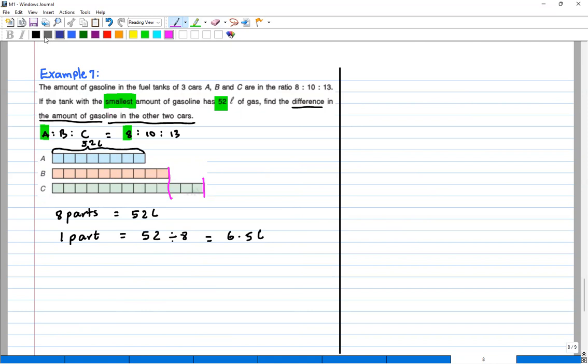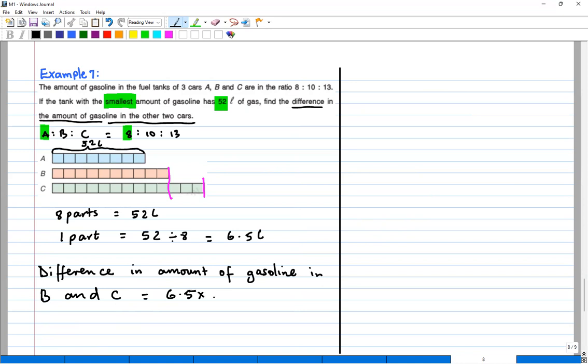Now, the difference in the amount of gasoline in B and C will be 6.5 times the 3 parts, and 6.5 times 3 will be 19.5 liters. So this becomes your answer.